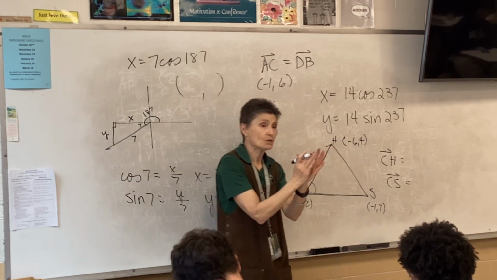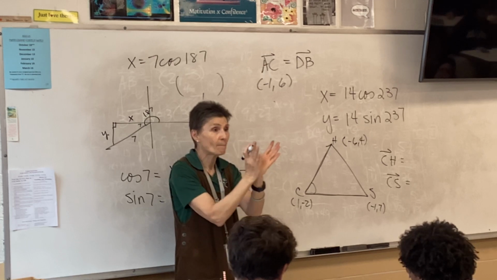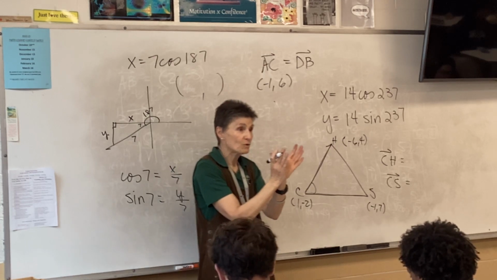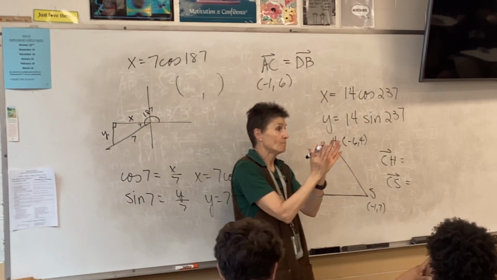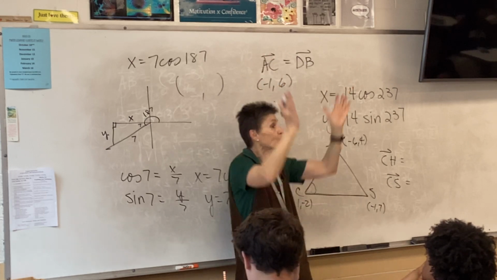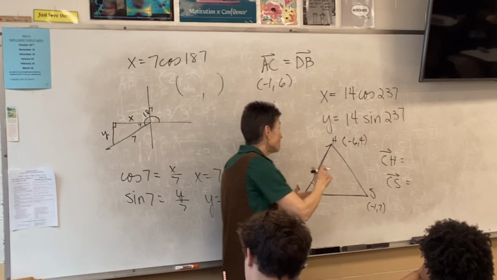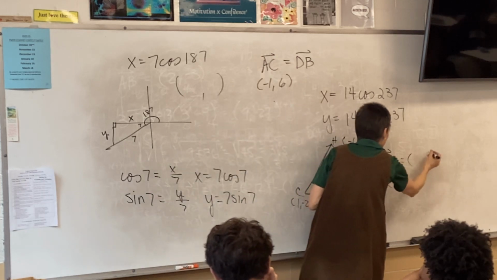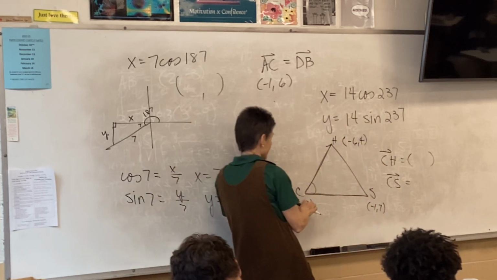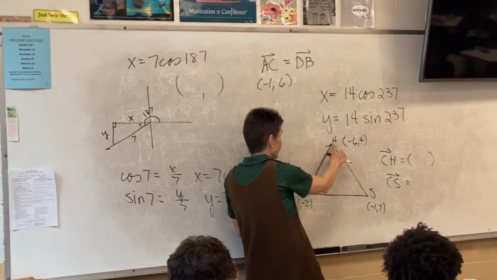An angle is the union of 2 rays with a common endpoint. So if you are doing angle C, then they're emanating out from C. So CS and CH. Okay, we already practiced that. What are the coordinates from C to H?